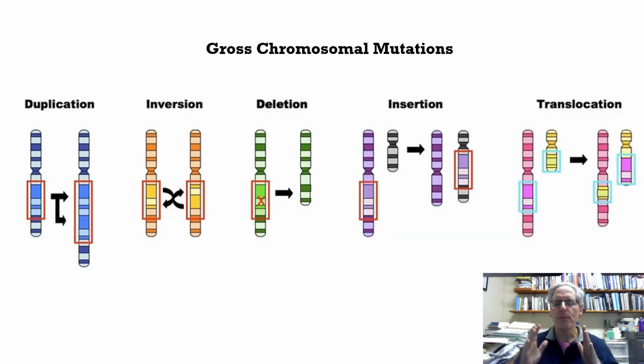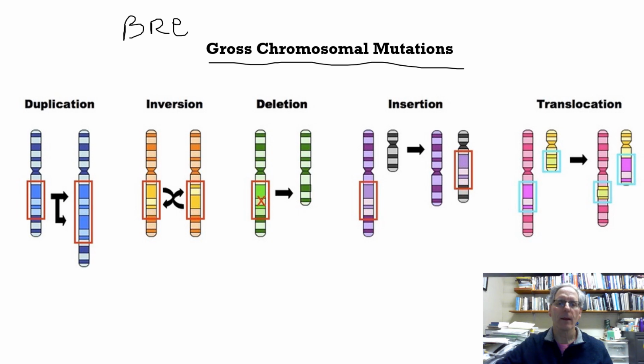You can also take out or add whole bits of chromosomes. These are called gross chromosomal mutations. These usually require breaks in chromosomes. These tend to be caused by things like ionizing radiation, high-level ultraviolet radiation.